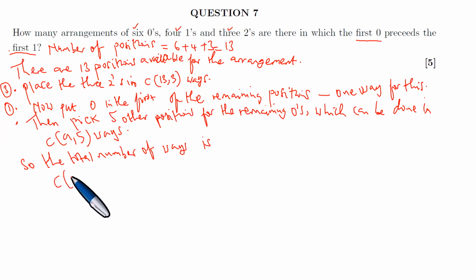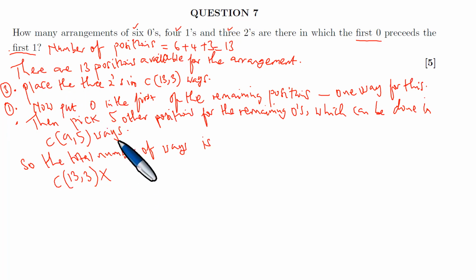First we placed the three twos because they were easy to place without any restrictions or conditions on the twos. So we chose three positions out of the 13 positions. Then the next step was putting the zero first, because we're told that the first zero precedes the first one.